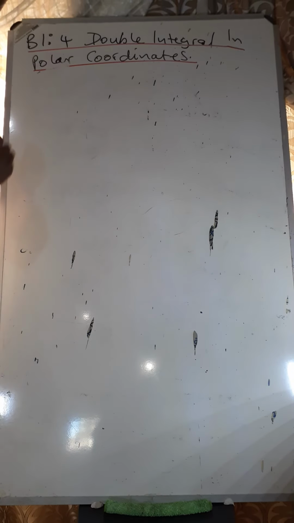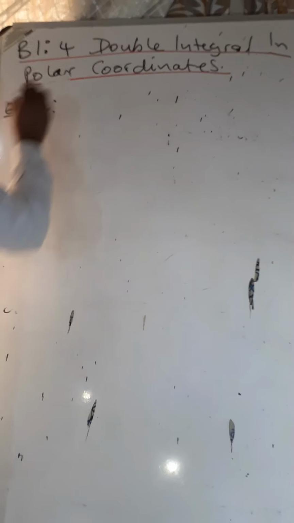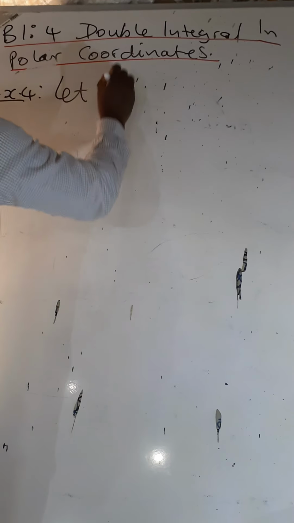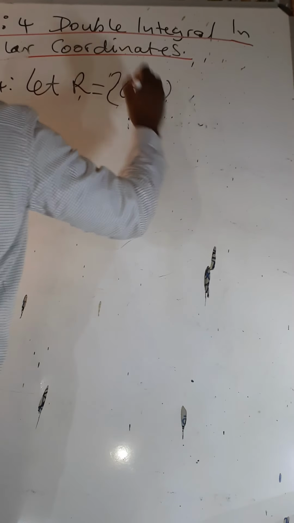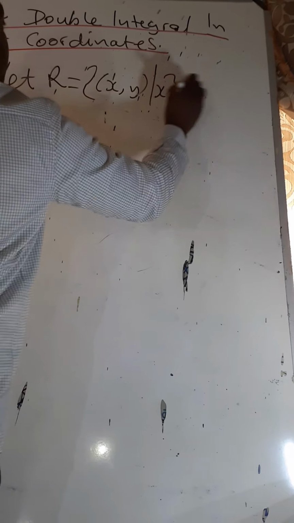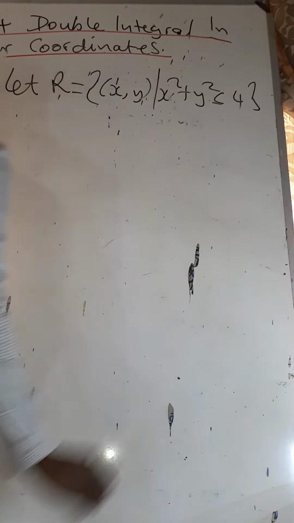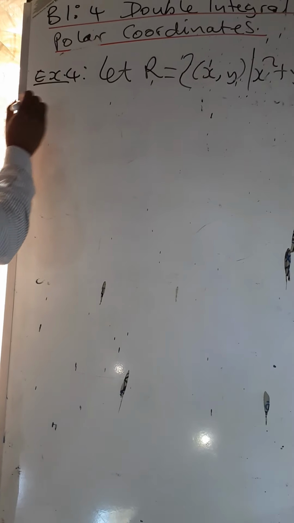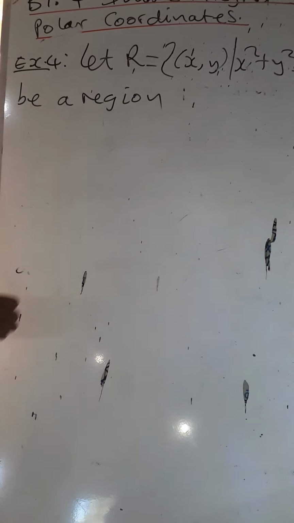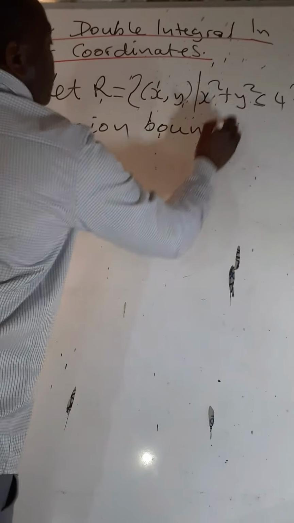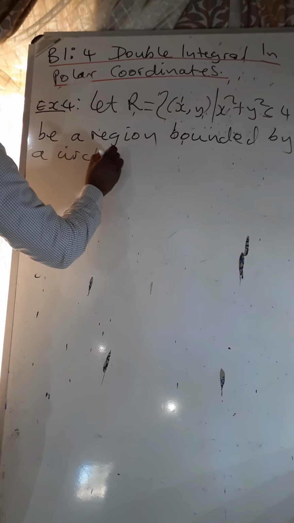Example 4. Let R be a rectangular region xy such that x squared plus y squared is less than or equal to 4, a region bounded by a circle.